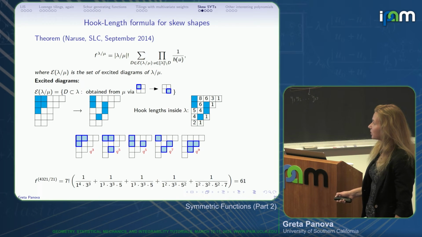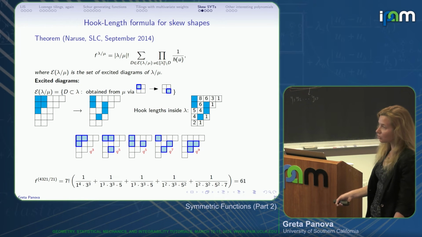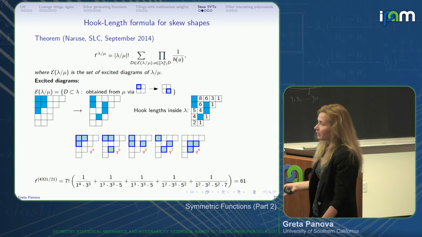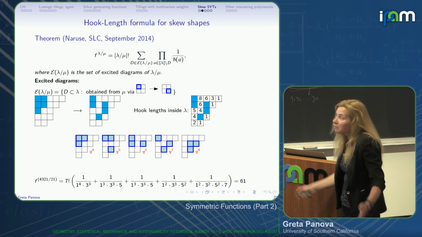And here is what the formula says for this shape. 61, this was one of the Euler numbers. It's 7 factorial, and this 7 factorial divided by each of these is not actually an integer, so you have a sum of rational numbers inherently that sum up to some integer.